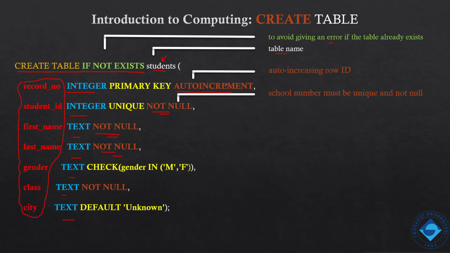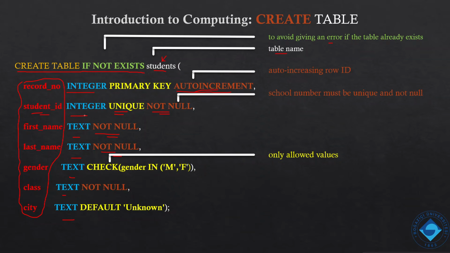And that one, auto increment, makes your record number an incremental order, like 1, 2, 3, 4 automatically. And not null means your student ID can't be empty. It should be different numbers and it should be unique. So every student has their own different integer as a student ID, right?